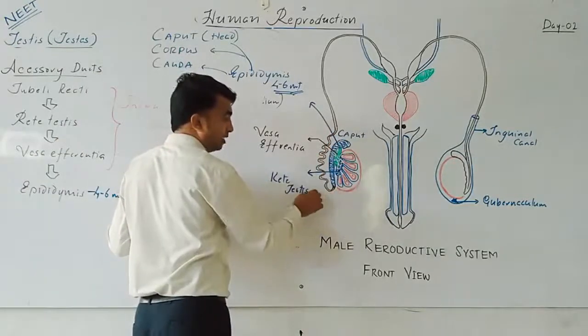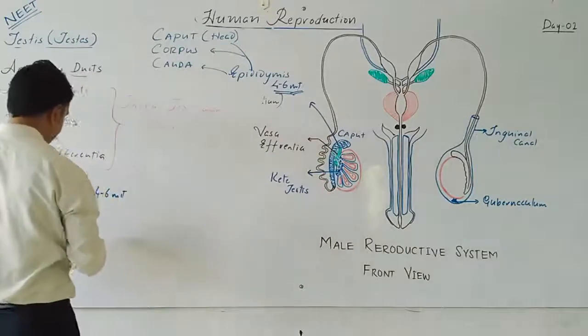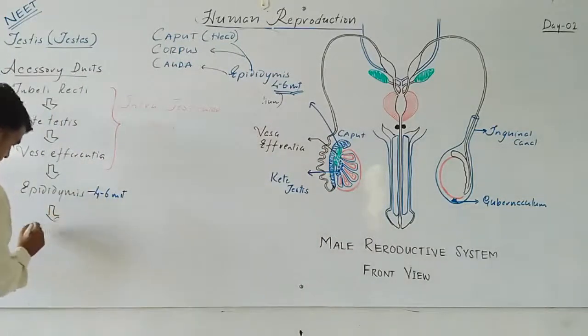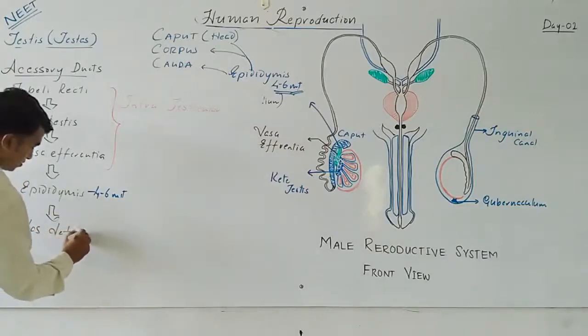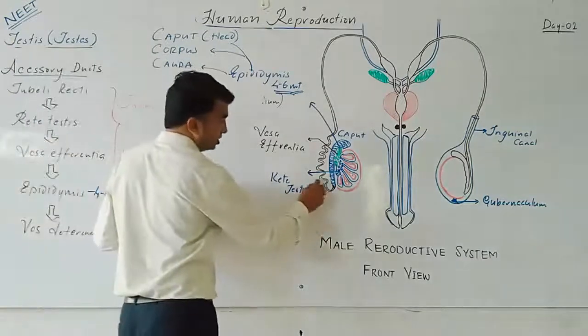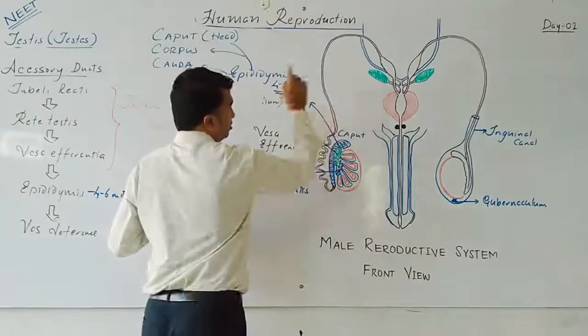The epididymis opens into the next structure, that is the vas deferens. This is the vas deferens.